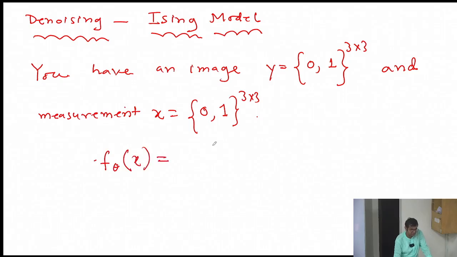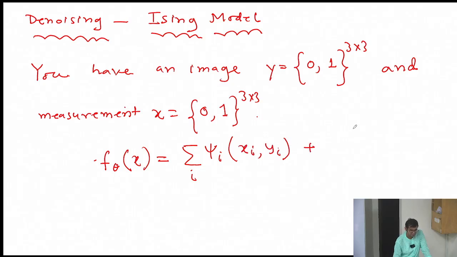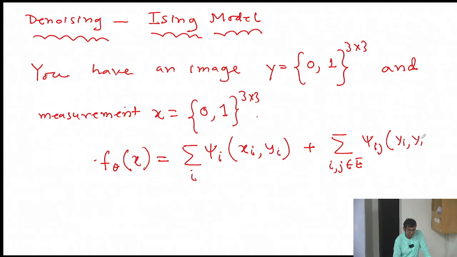To do this, one of the most popular ones used is something like summation over i of psi_i(xi, yi) plus summation over i, j belonging to E of psi_ij(yi, yj), and I forgot to write what will be outside.